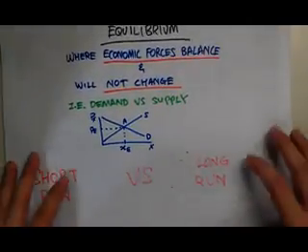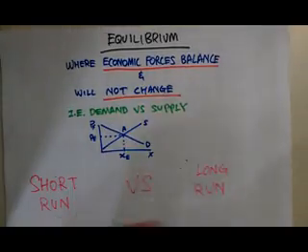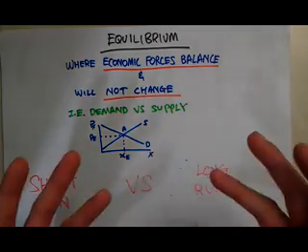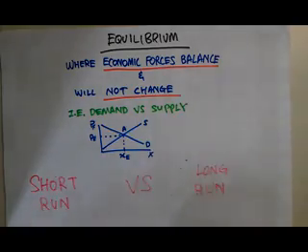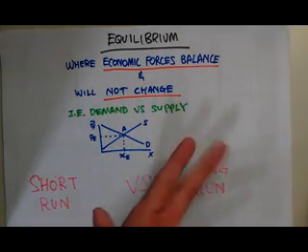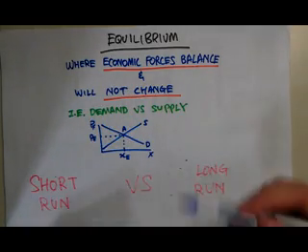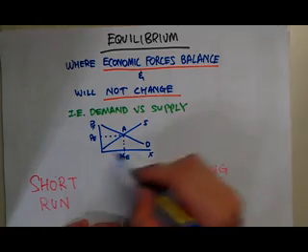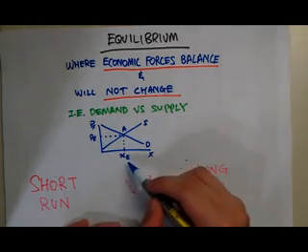And now, introducing equilibrium. The definition of equilibrium is where economic forces balance, and it will not change. For example, demand and supply. We label the equilibrium price and equilibrium quantity by PE and XE.